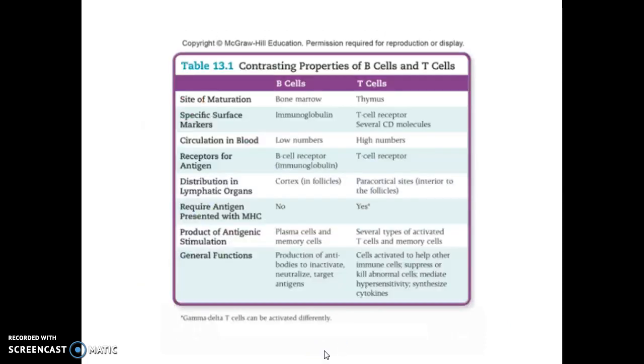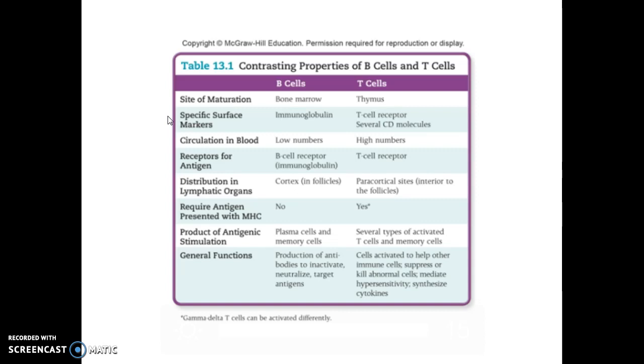All right, this is an important table, table 13.1, because it compares and contrasts B cells and T cells. So you have the site of maturation, bone marrow for B cells, the thymus for the T cells. The specific cell surface molecules, all right, this is talking about that receptor. The B cells have B cell receptor, also called the immunoglobulin.